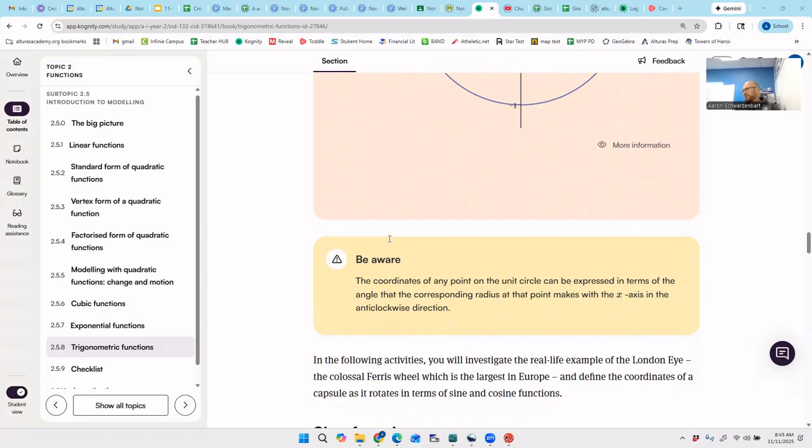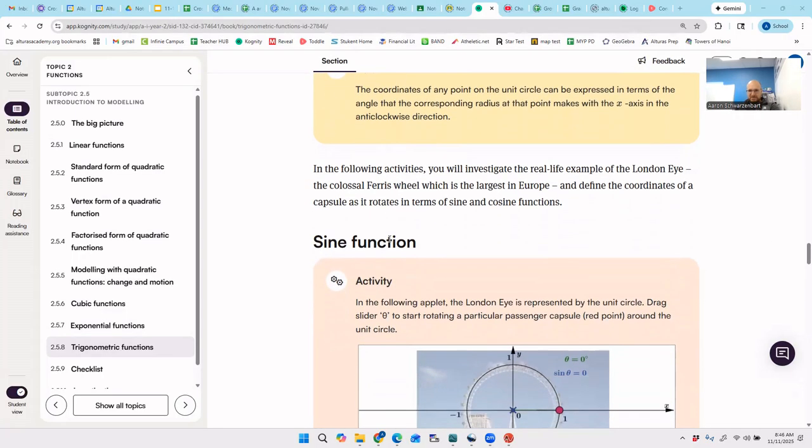Like the wavelength of a light wave: the period would be the time it takes for one wave, while the wavelength would actually be the distance it travels. We would graph those separately.